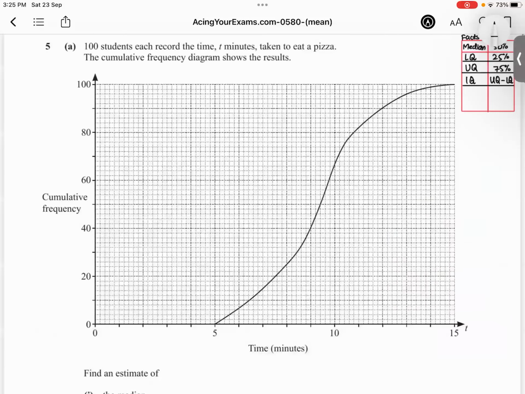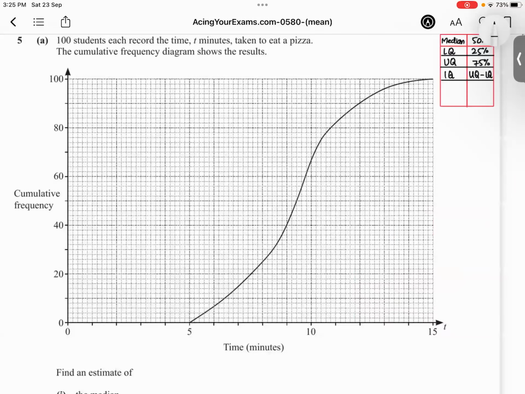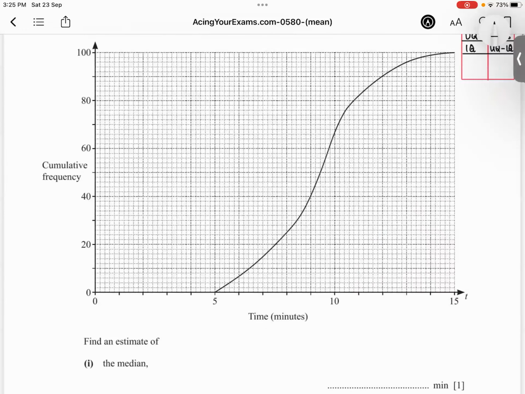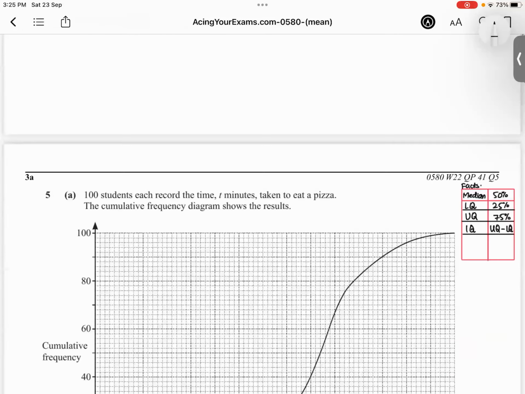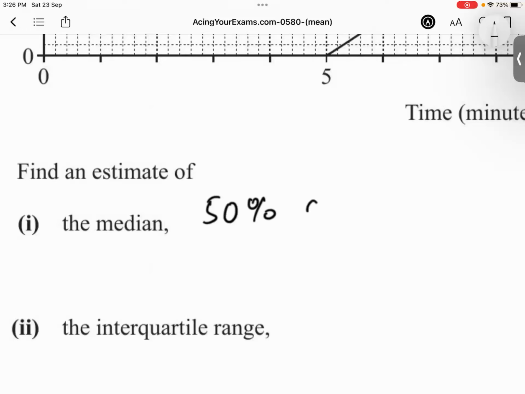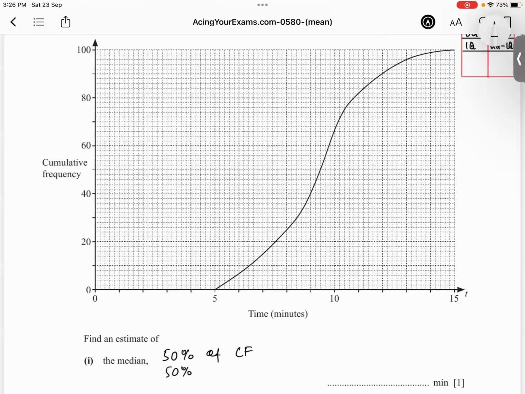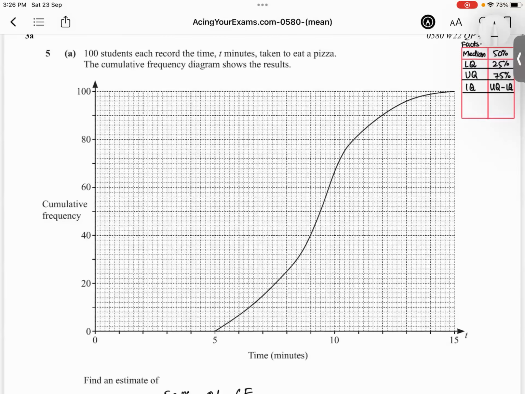Let's see. The cumulative frequency curve is already drawn, and it can be drawn by using the cumulative frequency table only, which is easy for you now to understand. Find the median. So median is 50% of the data according to the table. So 50%. Let's see. Okay. 100 students each record the time in minutes taken to eat a pizza.